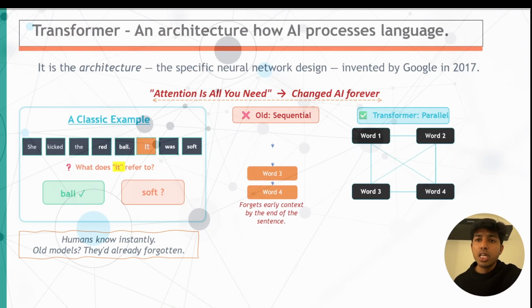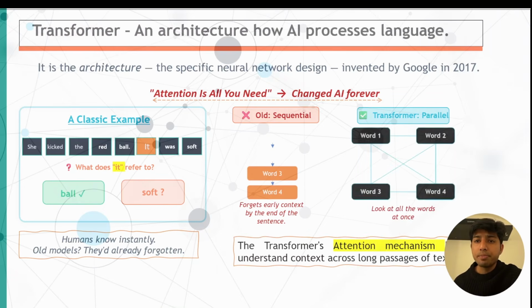It can pay attention to words from earlier in the sentence, even if they are far back. That's what changed AI forever. The transformer did not invent AI, however, it made AI actually good at understanding language by teaching it to pay attention to the words. Just a small tiny change.